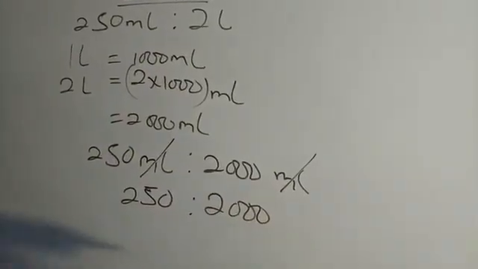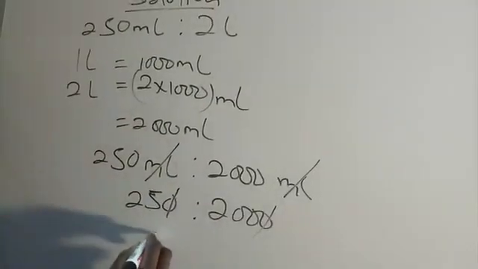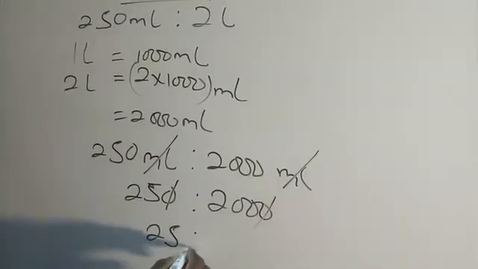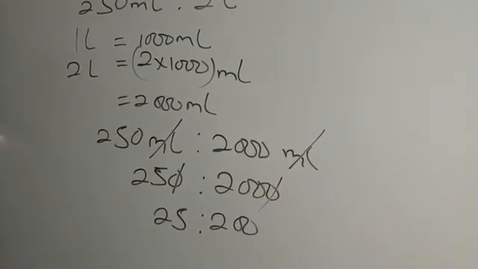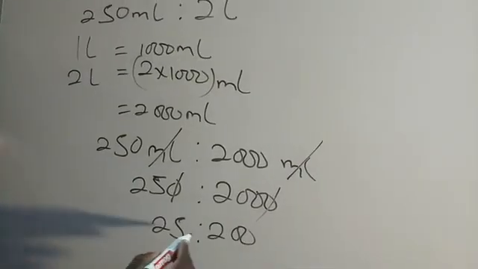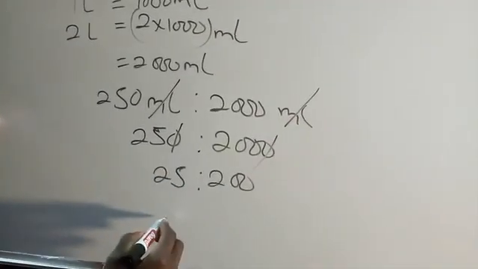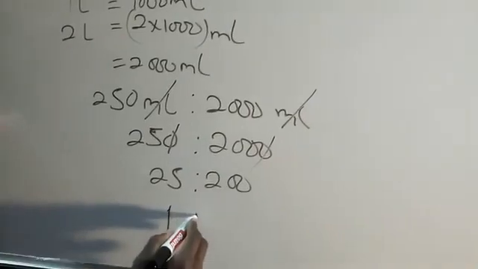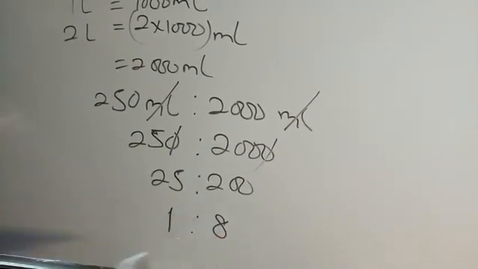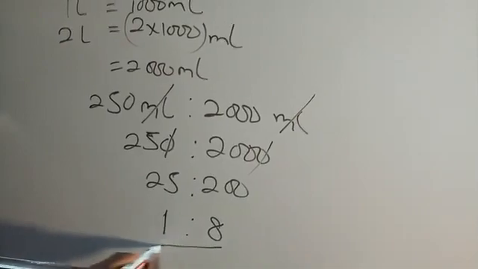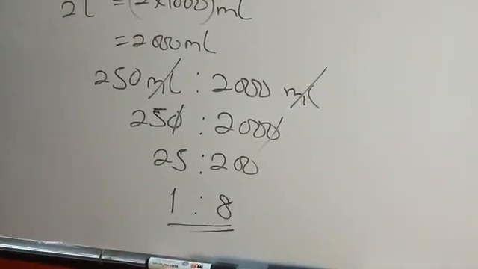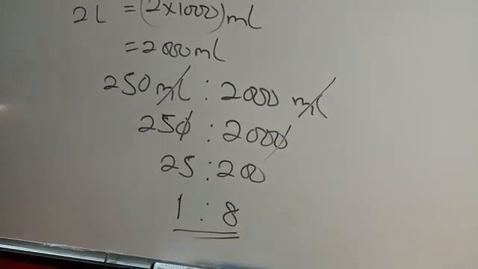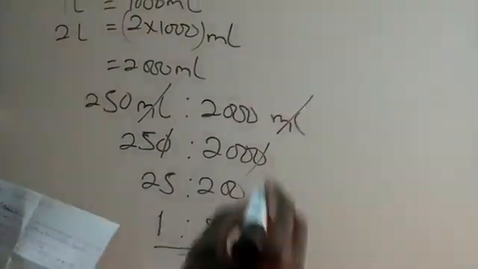Simplifying, it becomes 25 to 200. Simplifying again by 25, it will be 1 to 8. This is the simplest form of number 1.